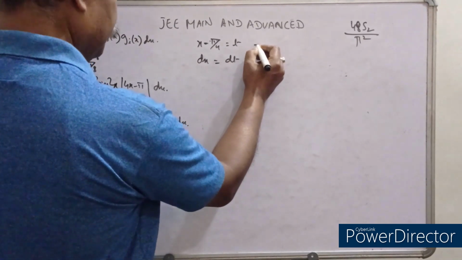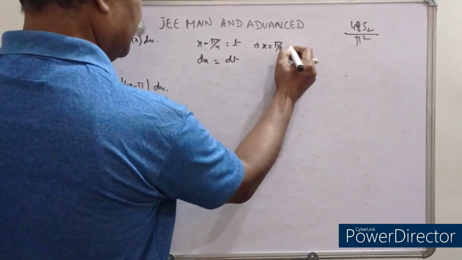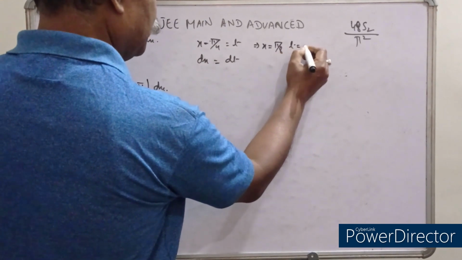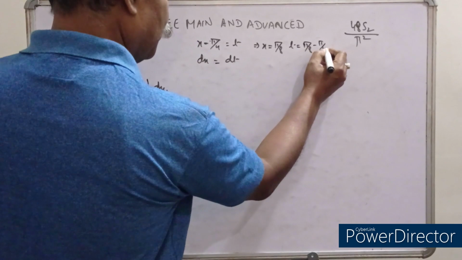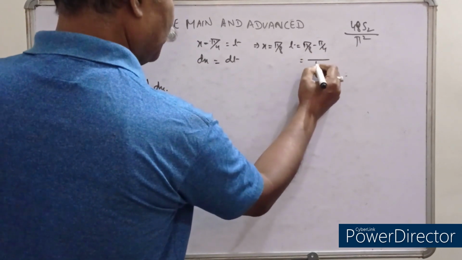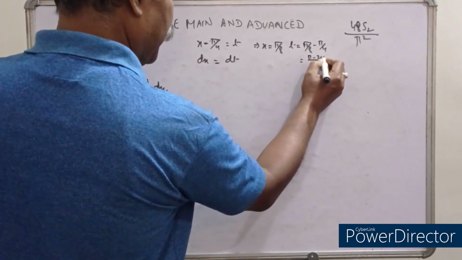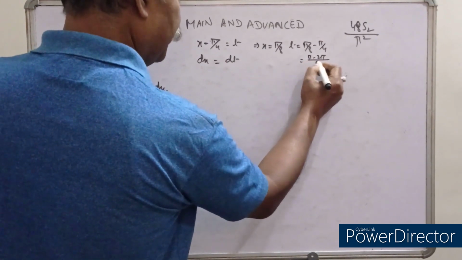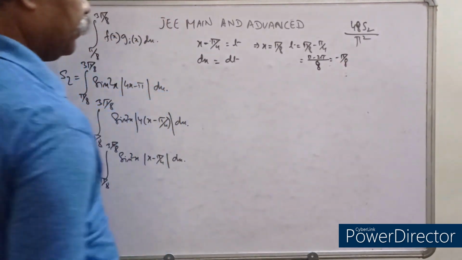So when x is equal to pi by 8, your t will be equal to pi by 8 minus pi by 4. So LCM is 8, sorry. So pi minus 2 pi, this will be minus pi by 8.